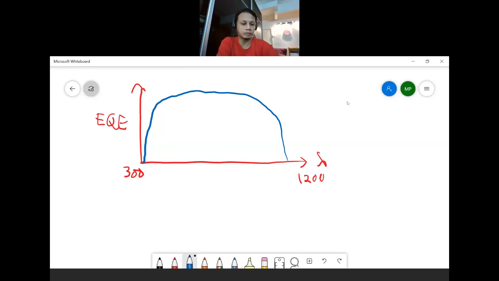And maybe this is 100. 100 tu maksudnya 1 lah. Kalau you nak translate into 0 to 1, then 100% is 1. So it will never reach 100 in the actual cell. Yeah, something like that.